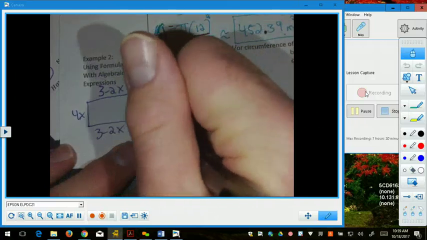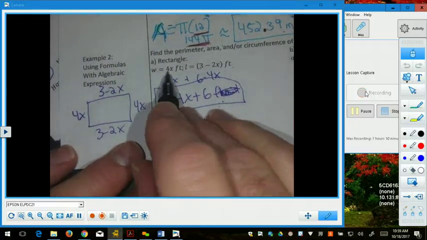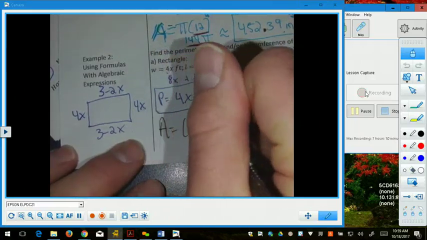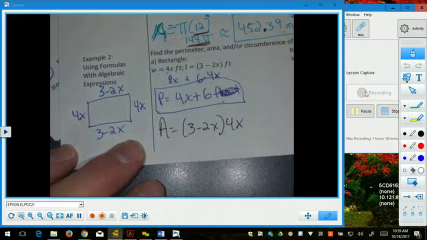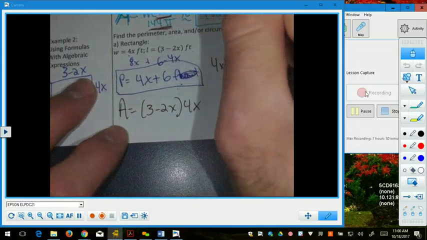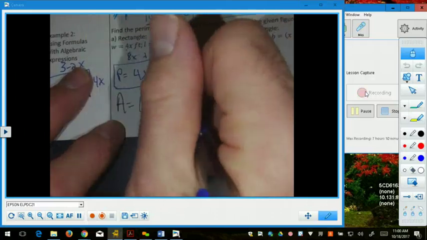The area of a rectangle is length times width. I'm going to change it to width times length because that's the binomial. So I have 3 minus 2x by 4x. Oh, I just did length times width. Whatever. That's the same as 4x by 3 minus 2x if you wanted to do it that way instead. You're going to get the same thing either way.